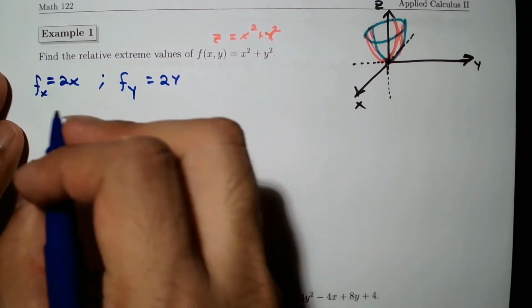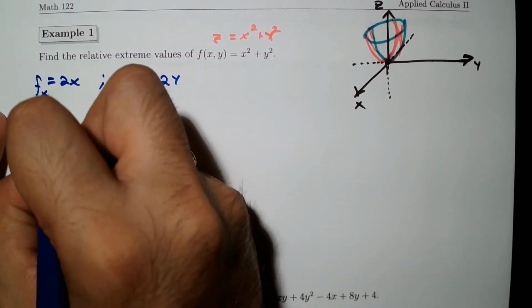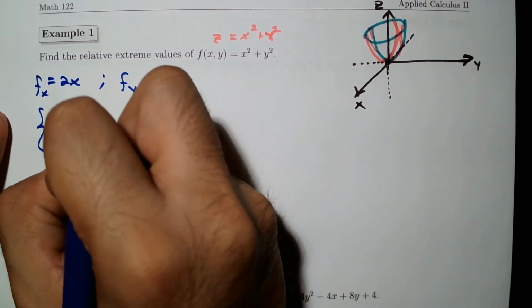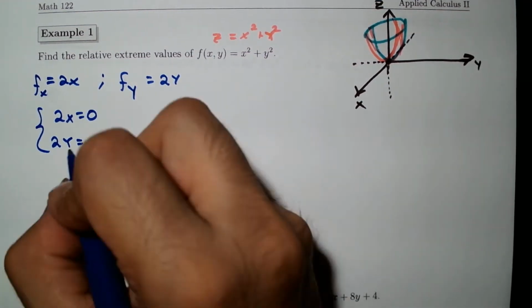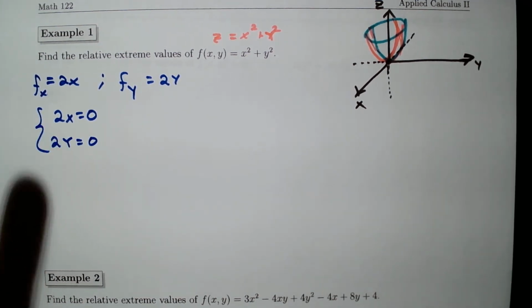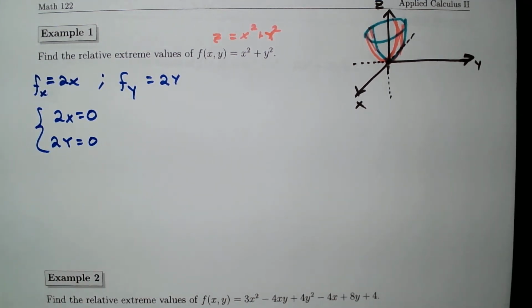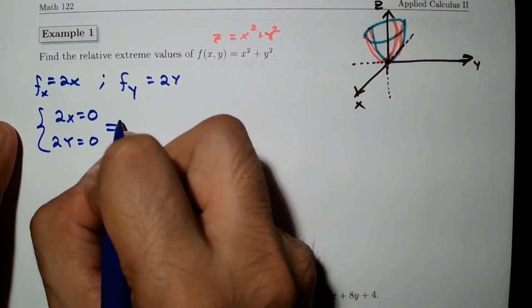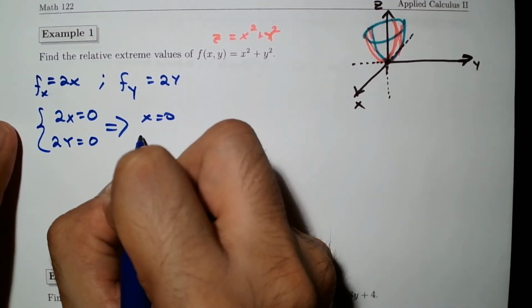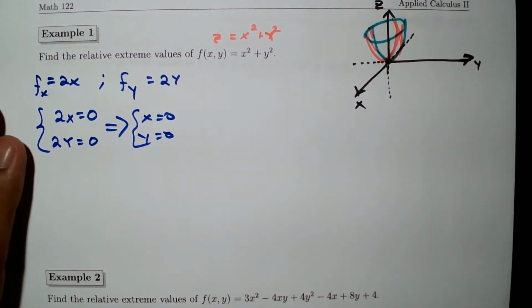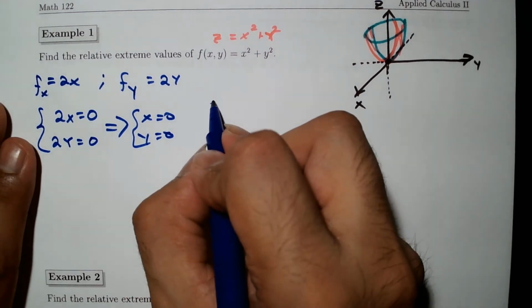Now I'm going to create a system of equations, 2x and 2y, and set each of them equal to 0. These two equations are really easy to solve. All we need is to divide both sides in each equation. That means x equals 0 and y equals 0. So we have the critical point.